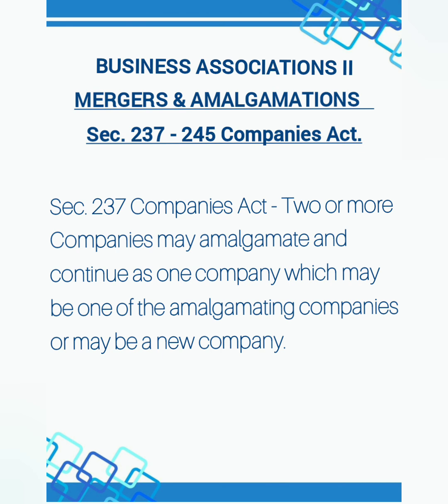So let's look at the process of amalgamation. It starts from section 237 to 245 of the Companies Act. Section 237 tells us that, subject to any restrictions in their respective incorporation documents and to sections 238 to 241, two or more companies may amalgamate and continue as one company, which may be one of the amalgamating companies or may be a new company.